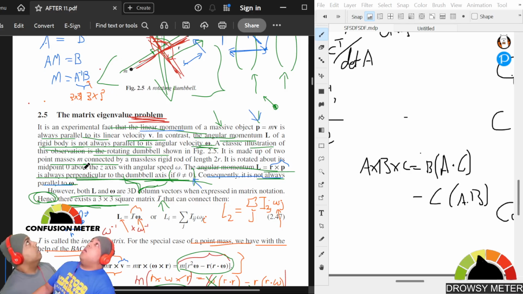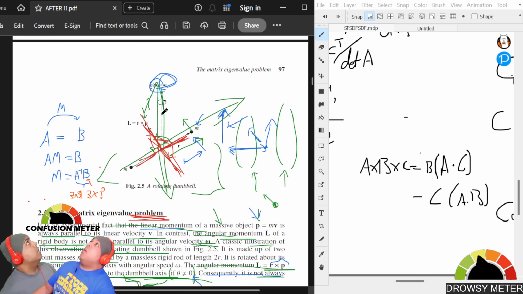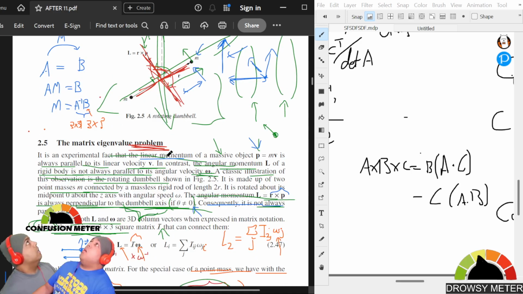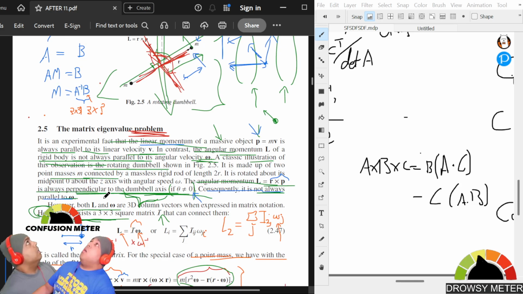However, both L and omega are 3D column vectors when expressed in matrix notation. Hence, there exists a 3 by 3 square matrix I that can connect them.